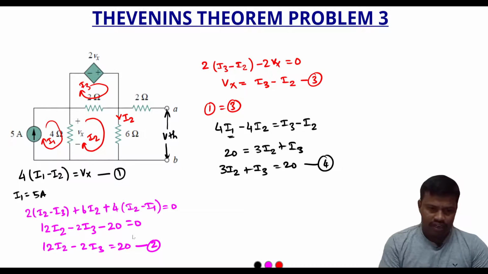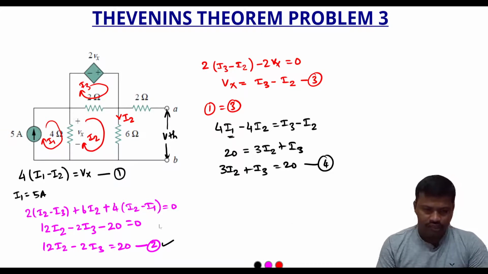Now we will find out the value of current I2 by solving equation number 2 and 4. For solving this, I want to cancel out the term I3. So we can multiply equation number 4 by 2.